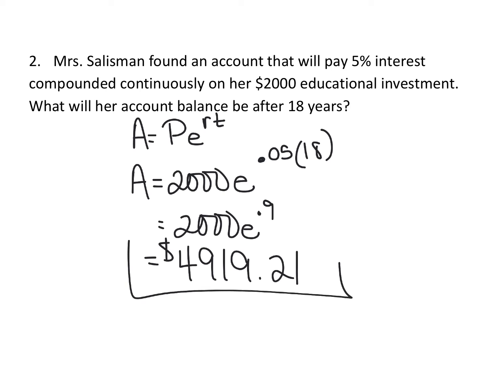That is how much you would earn if it compounded continuously, which you'll notice is really close to the 365 in this scenario, but you would notice a bigger difference if we were dealing with larger numbers.